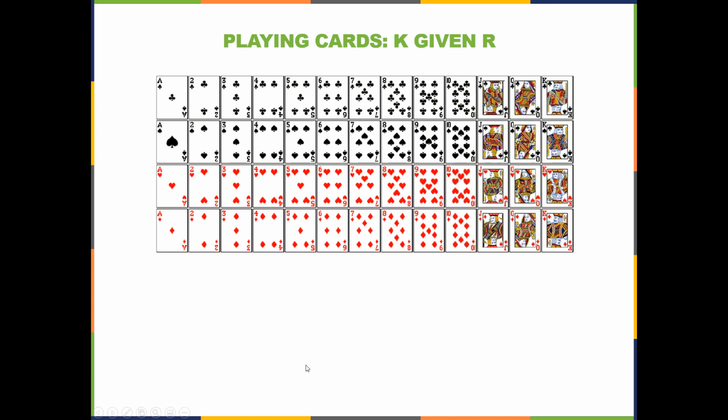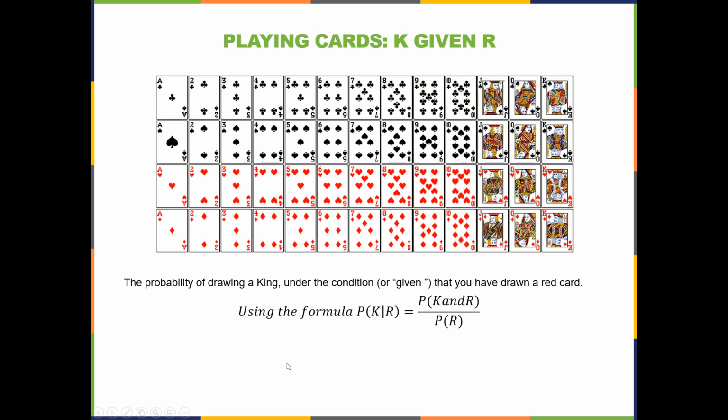So here's an example. Let's calculate the probability of getting a king given that we know it's already a red card that we've drawn. In other words, we're going to draw one card. And let's say we show it to somebody and they say it's a red card. And then you're trying to figure out the probability that it's a king. So now that we know it's red, we can use this formula and we can calculate the probability of both a king and a red card happening on the same card, and then divide that by the probability of just getting a red card.